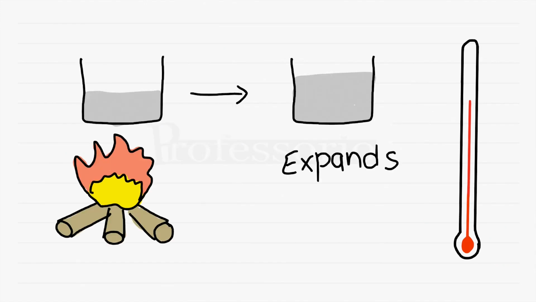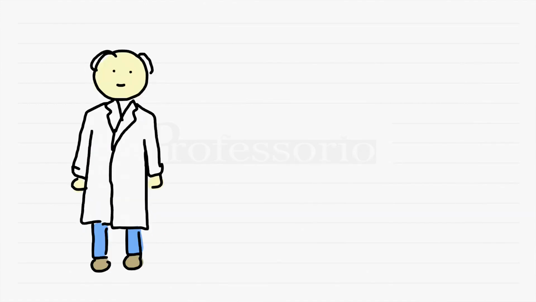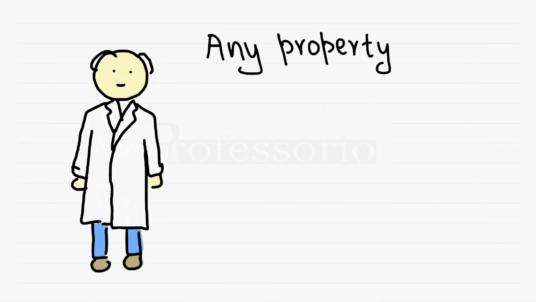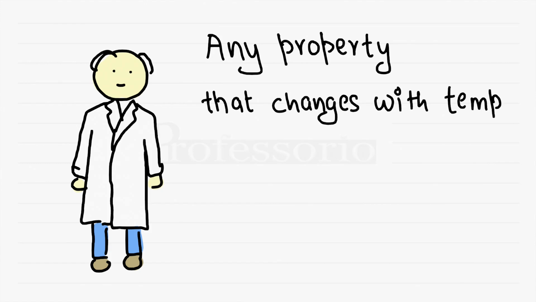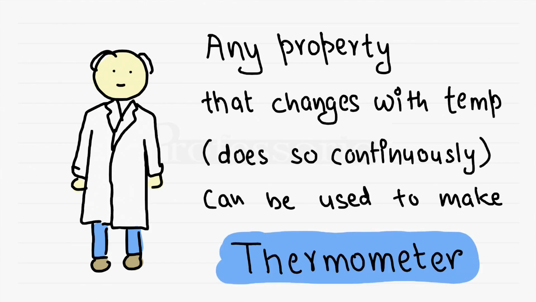So, mercury thermometers work because mercury expands when heated, and that expansion is easy to see and measure. But mercury isn't the only option. Scientists realized that almost any property that changes with temperature, and does so continuously, can be used to make a thermometer.